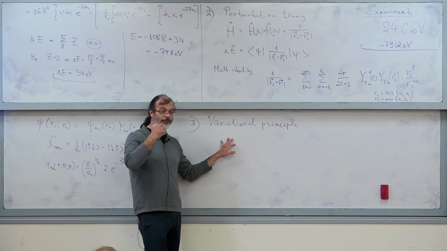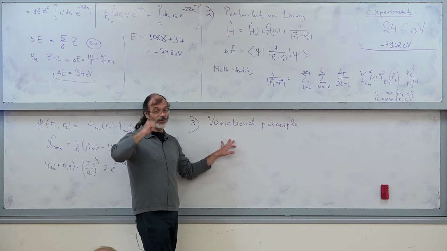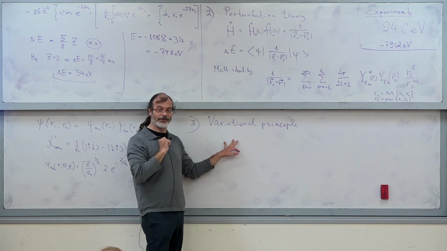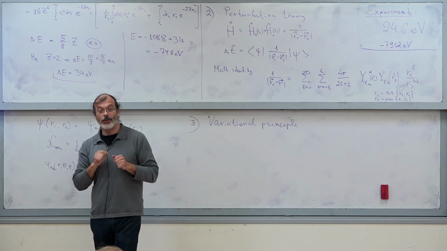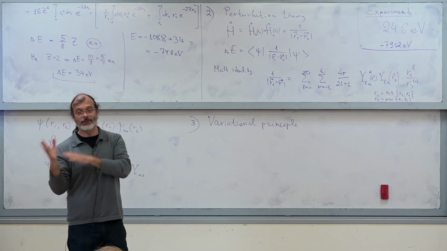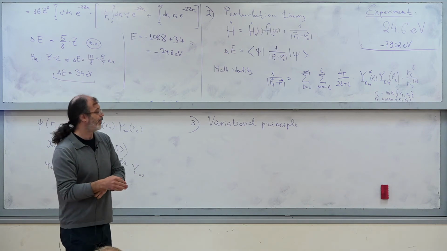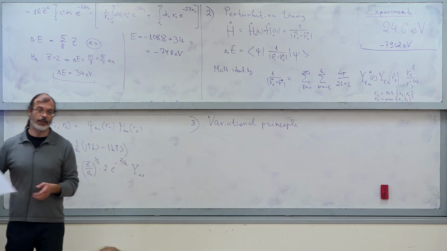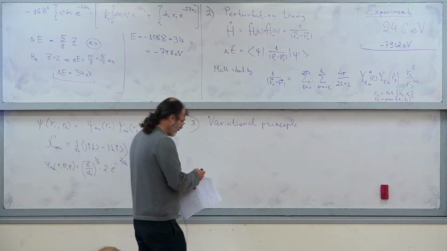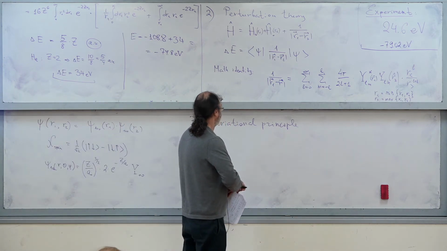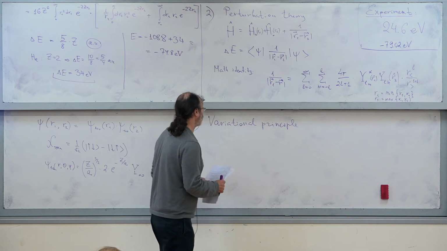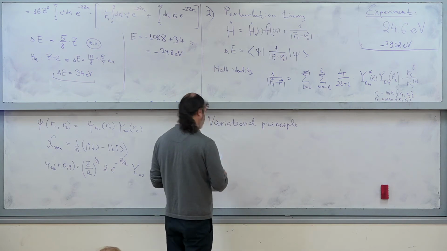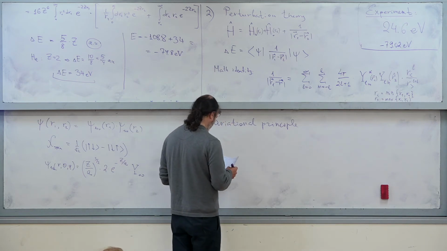But you have to have an intelligent guess about how the wave function should look like and to choose a correct parameter in this wave function in order to minimize the energy according to this parameter. So the key point here is to guess correctly the wave function. And this is of course the most important part in this story.